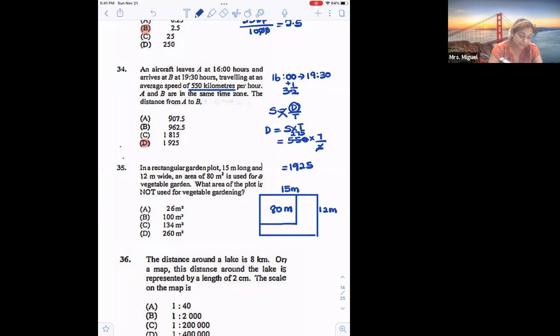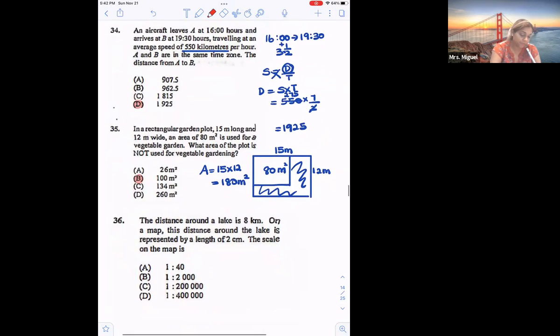What is the area that is not being used? Well, the area of the whole plot is 15 by 12, and 15 multiplied by 12 is 180. So if 80 meters squared is being used and the total was 180, therefore the unused part is 100.